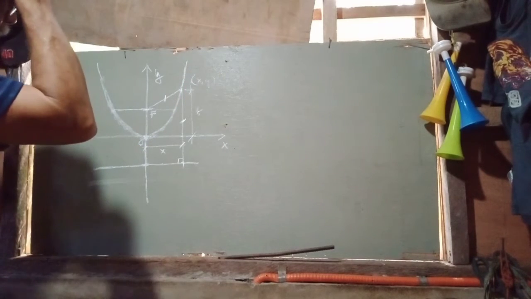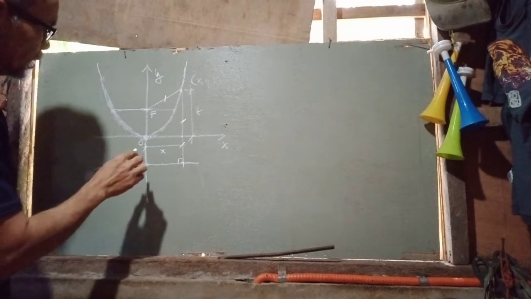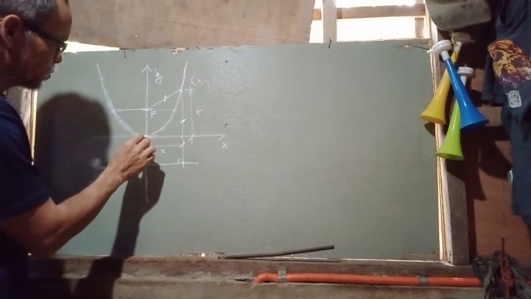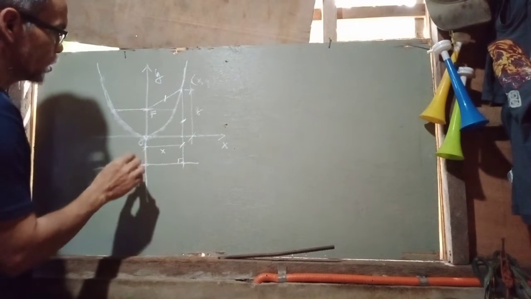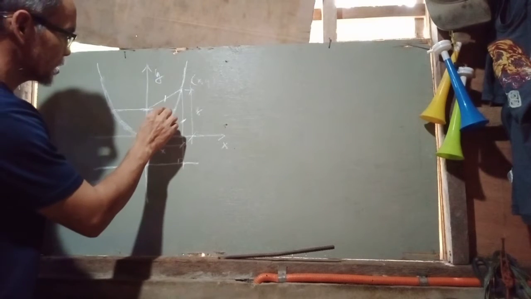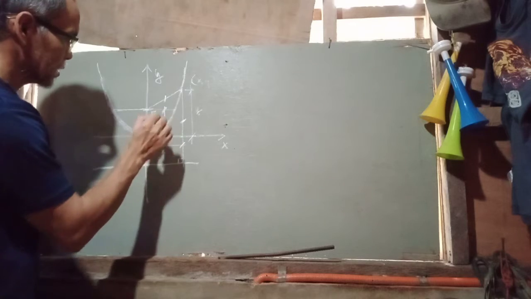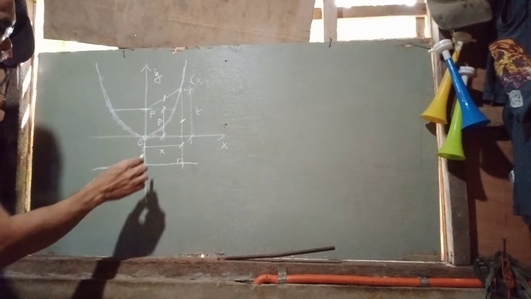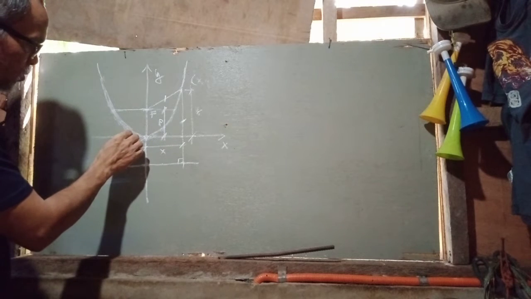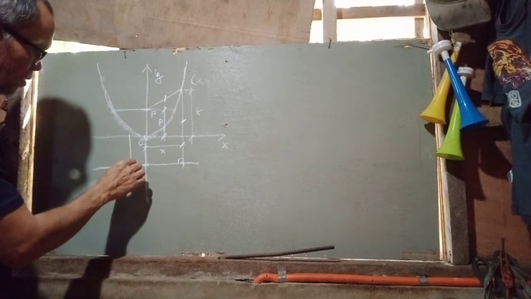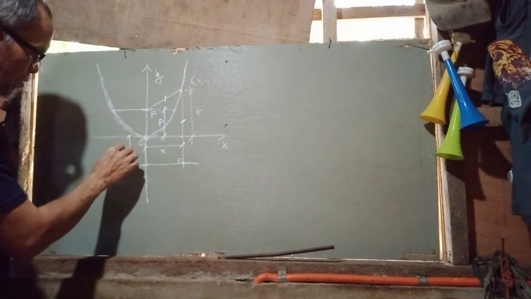Now, let's assume from the vertex to the focal point, the distance is p. So this p distance is also from the vertex going to the directrix. It's also p.